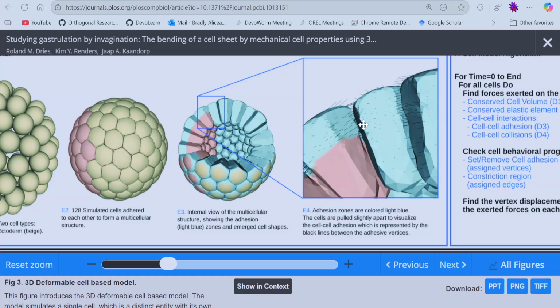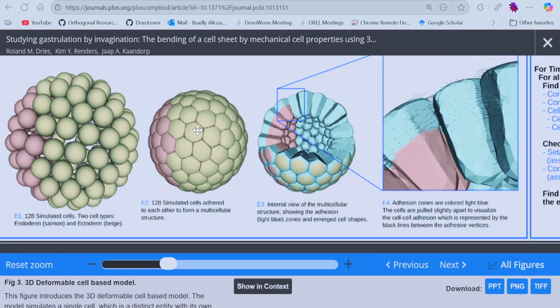Cell-cell adhesion are in these black lines. And so that's the idea, that there's a cell-cell adhesion process. They don't model all of the molecular components here, of course, but they're modeling these adhesions as physical phenomena, and then just showing where that would be.